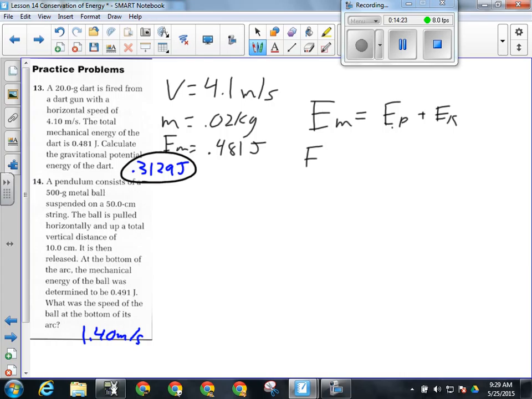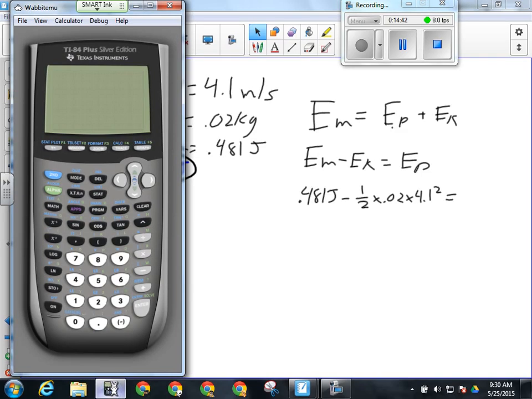So I'll take my 0.481 joules and subtract 1/2 times 0.02 times 4.1 squared, and that'll give me my potential energy. 0.3129 joules. That's my potential energy. So that's just reminding us how we calculate mechanical energy. That's the sum of kinetic and potential.